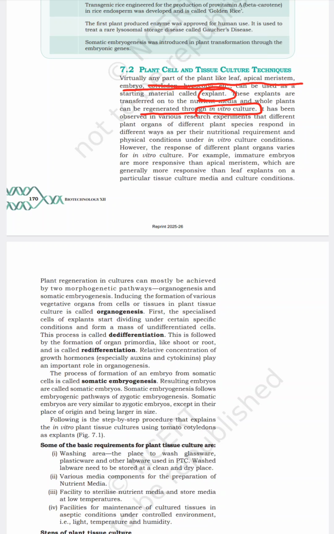For example, immature embryos are more responsive than apical meristem, which are more responsive than leaf explants on a particular tissue culture medium and culture condition.